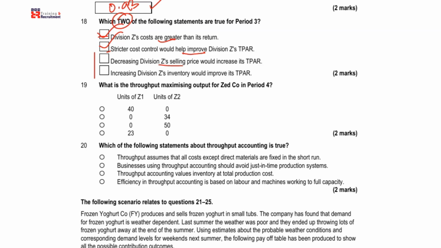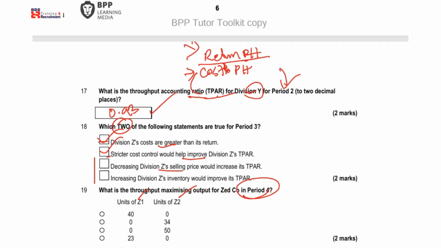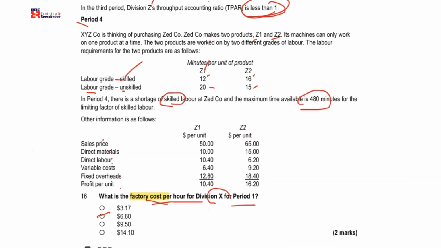Number 19. What is the throughput maximizing output? Contribution per unit of limiting factor, basically. Z-co in period 4 has two products, Z1 and Z2, and limited resources of skilled labor for 80 minutes, and straightaway it is said it is short.